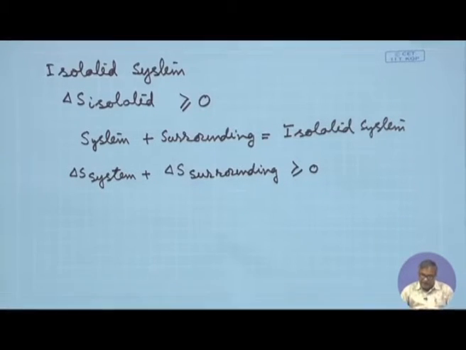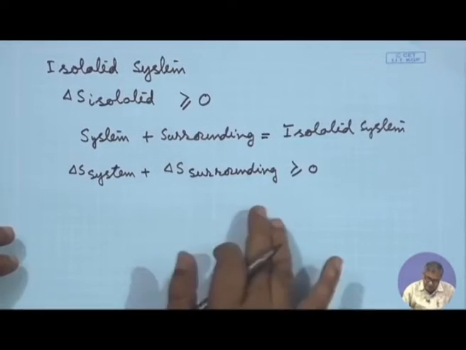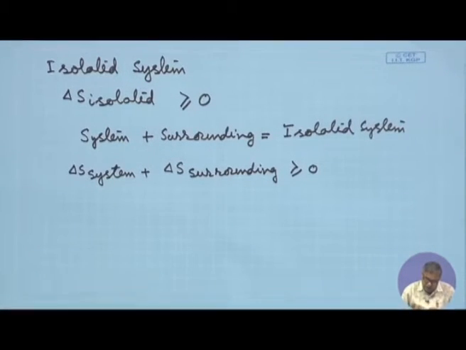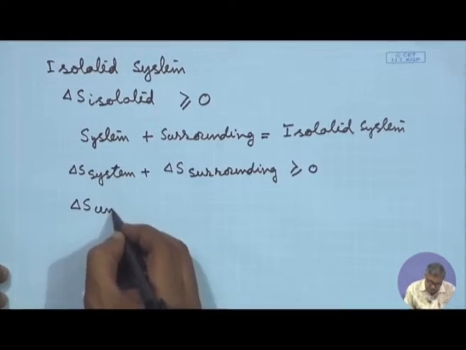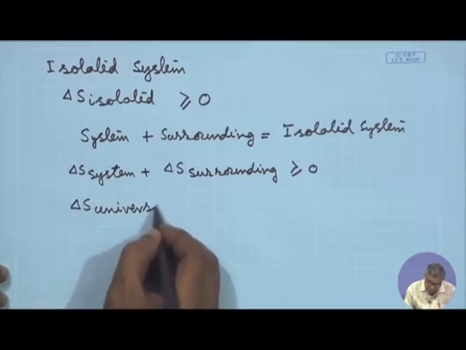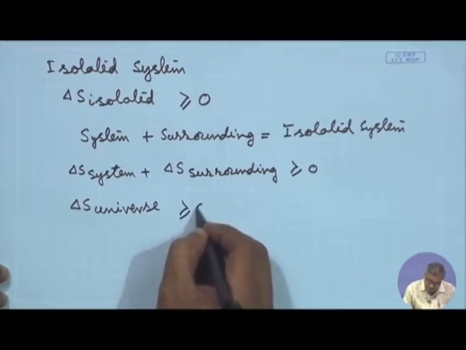This is another useful concept, and I can proceed just one step further. If we consider system and surrounding, then we are encompassing everything. That means this is your universe. So, one can write delta S universe is greater than or equal to 0.